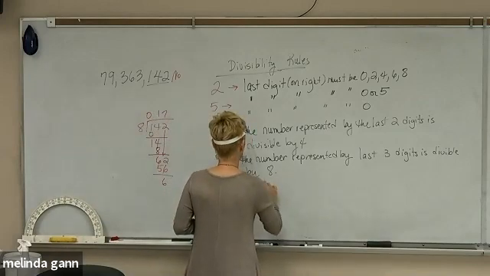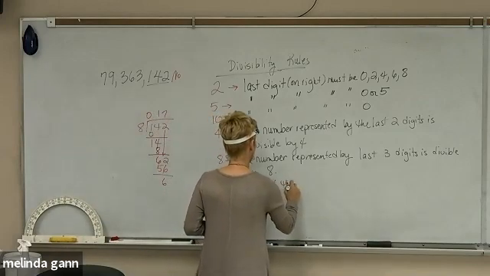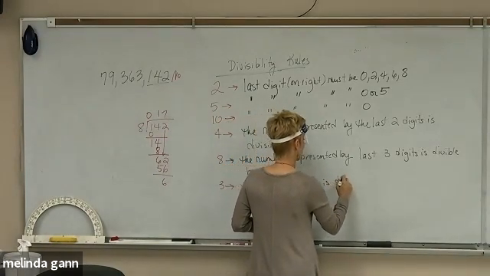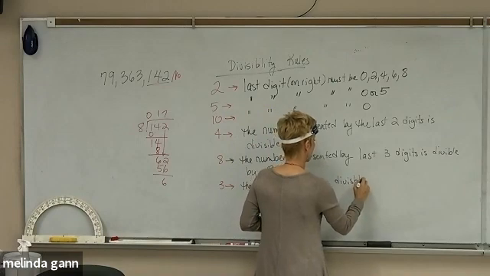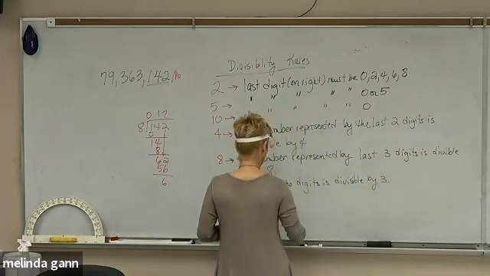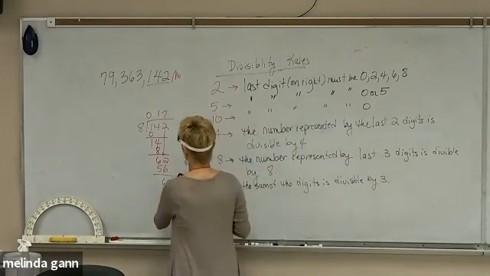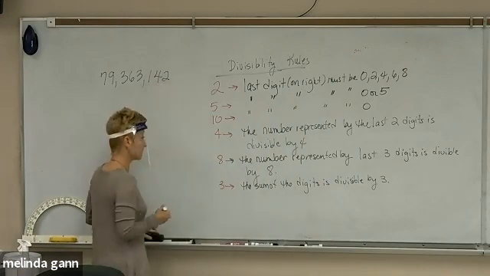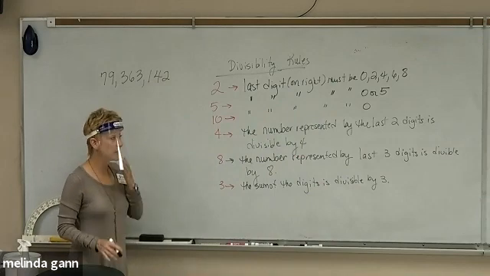The sum of the digits is divisible by 3.